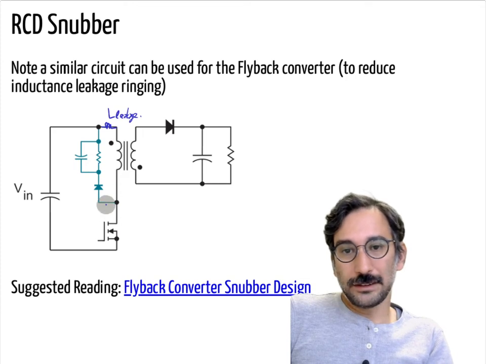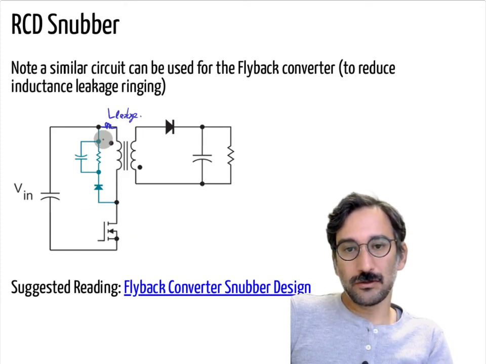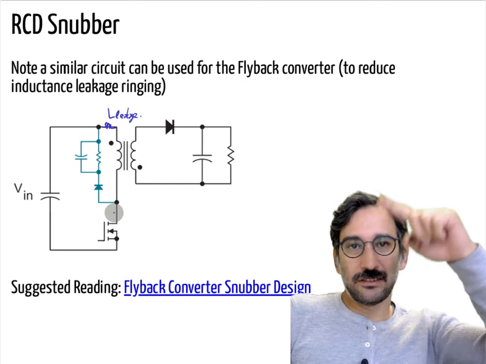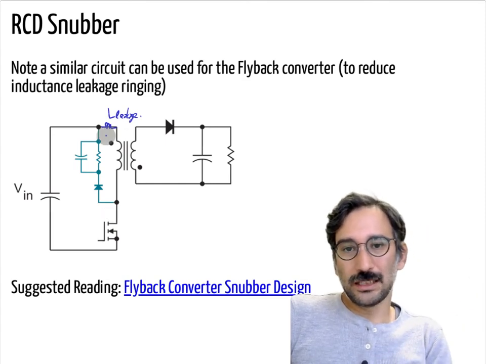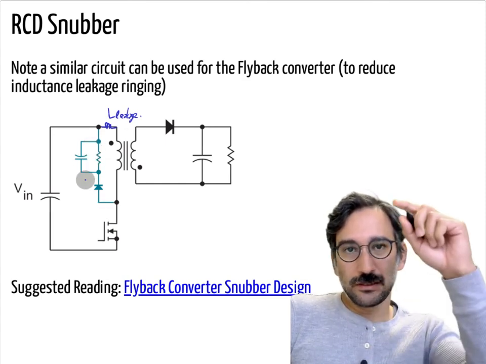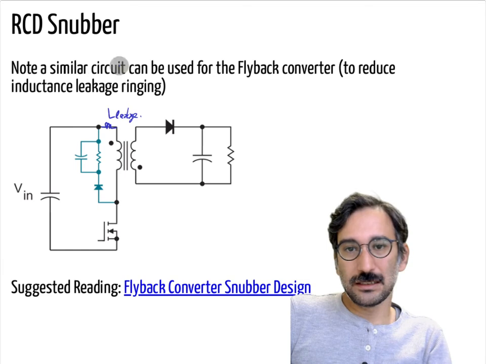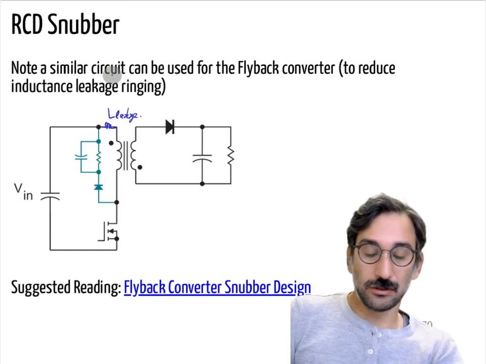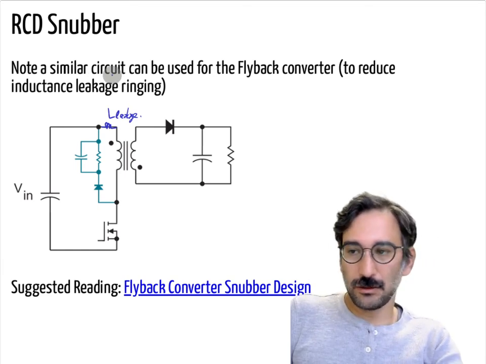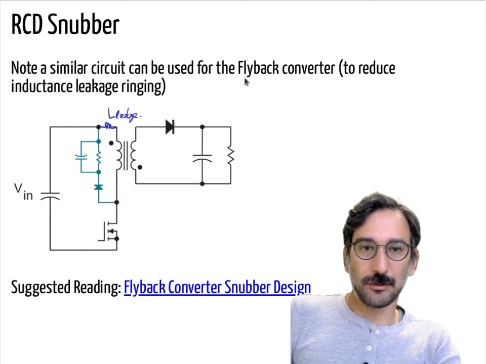Either you should choose a proper MOSFET that can withstand the ringing voltages of that leakage, or you can reduce the voltage stress on that MOSFET by including some RCD snubber for the leakage on the flyback converter as well. Please have a look at that reading assignment as well.